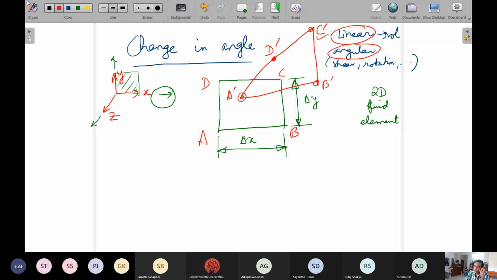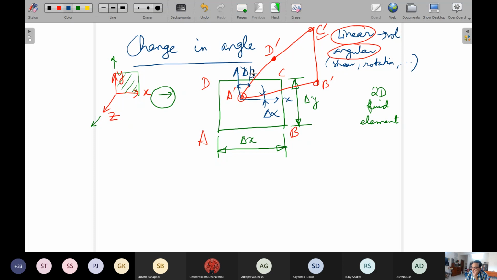So the first observation as compared to the previous derivation is that if you draw a horizontal line like this, maybe along x, and a vertical line along y, you will see that the drawing no more ensures that AB remains horizontal. So you have a change in angle, say delta alpha. It will be small if the time is small. Similarly, this is delta beta. Okay.